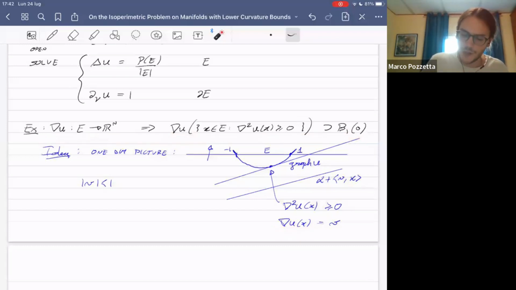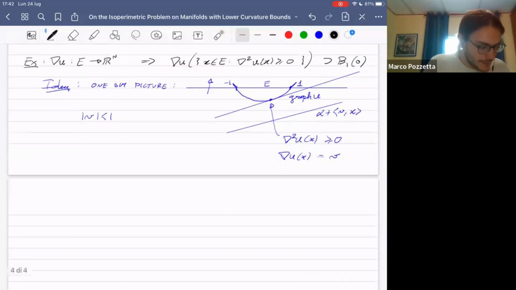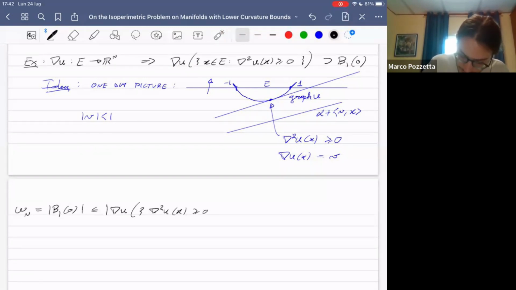So this is the key observation. Once you have this key observation, you can prove the isoperimetric inequality simply by a change of variable, because I can start with omega n. This is the volume of the unit ball in R^n. And so by the observation above, this is less than or equal to the volume of the image of that set through the gradient.